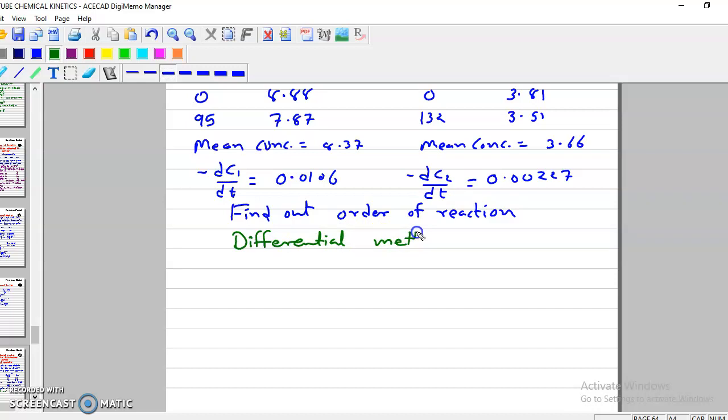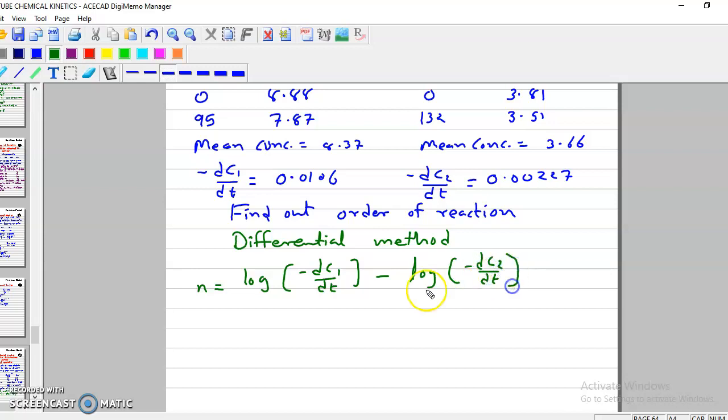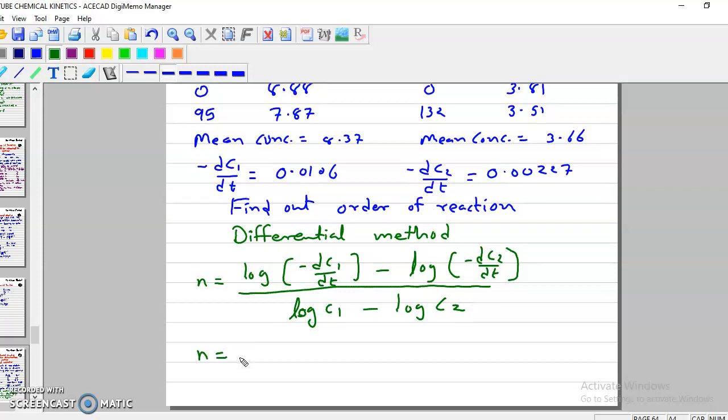For that, the formula is n is equal to log of minus dC1 upon dt minus log of minus dC2 upon dt, upon log C1 minus log C2.